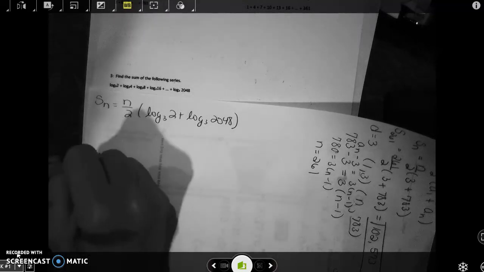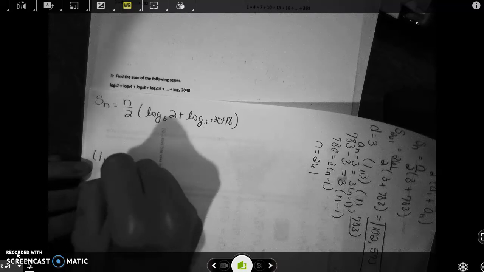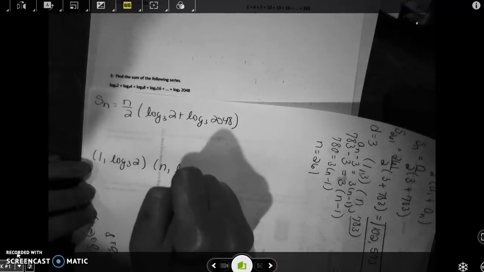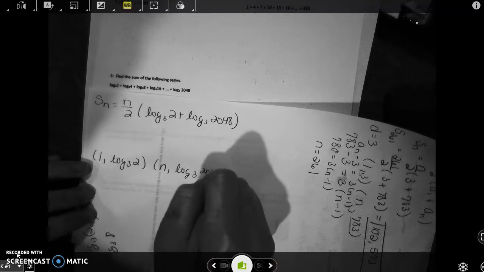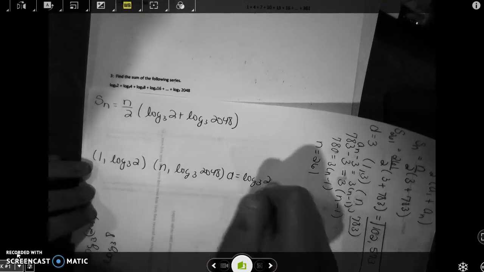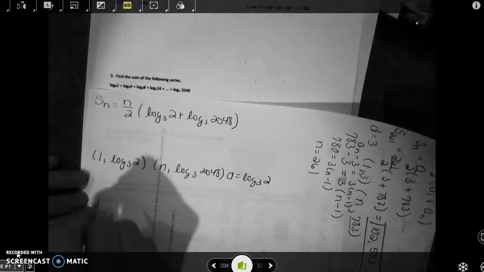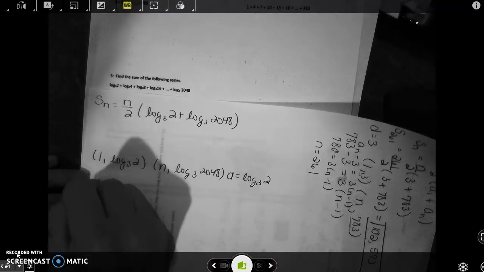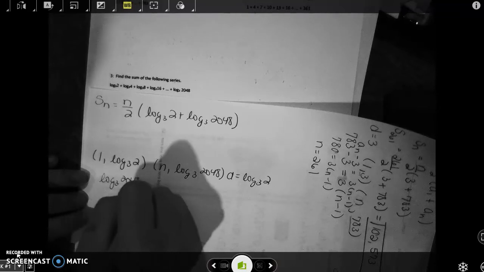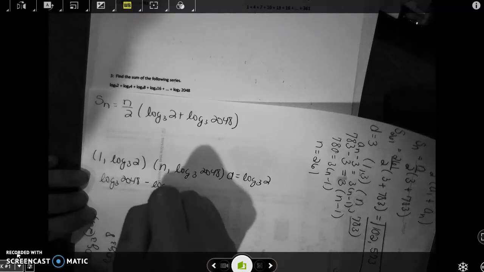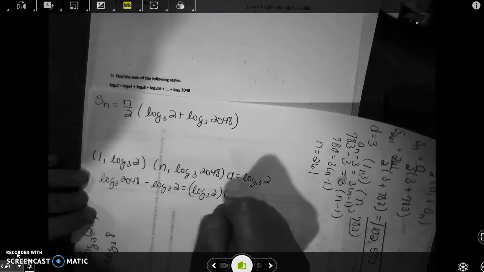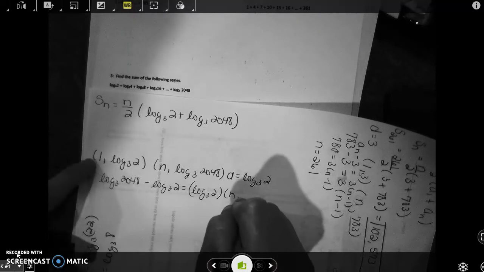So I know that the first term is log base 3 of 2, and the nth term is log base 3 of 2048, and I know the common difference is log base 3 of 2. So I've got to use point slope here. So changing y's, log base 3 of 2048 minus log base 3 of 2 equals the common difference times n minus 1.